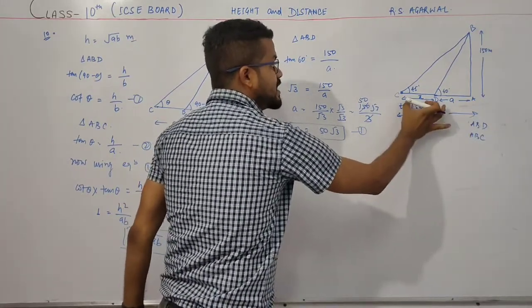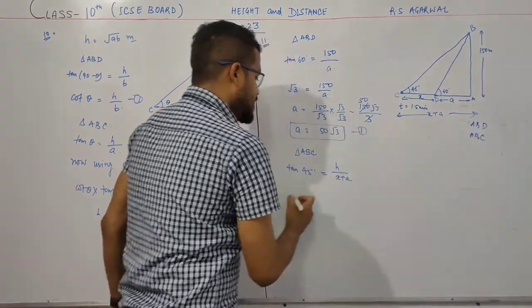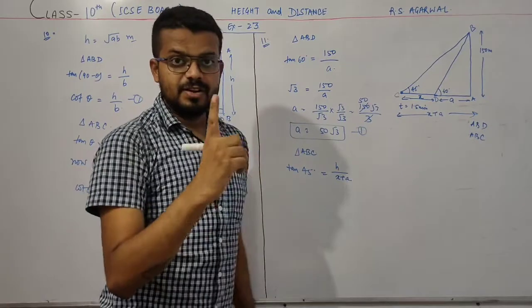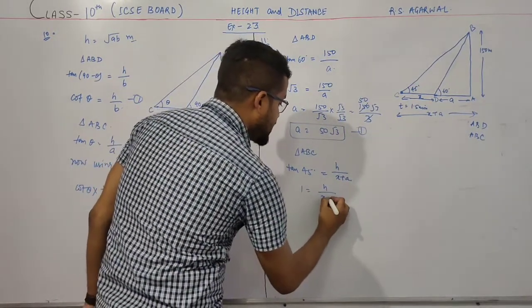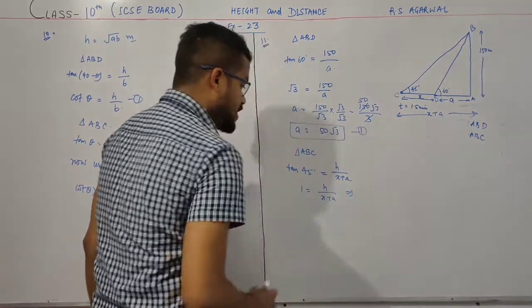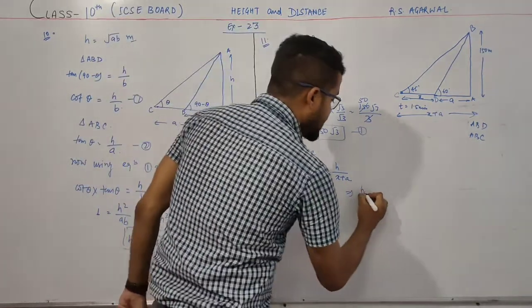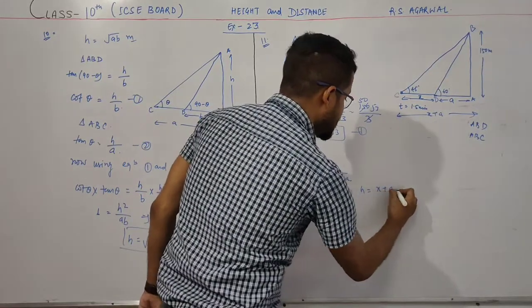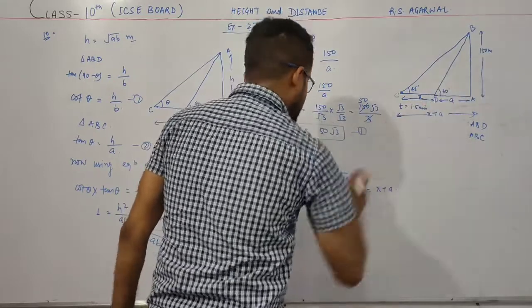If this is x and this is a, the total distance is x plus a. The value of tan 45 degrees is 1. So 1 is equal to h upon x plus a. After cross multiplication I get x plus a equal to h. Now the value of h is 150 meters.